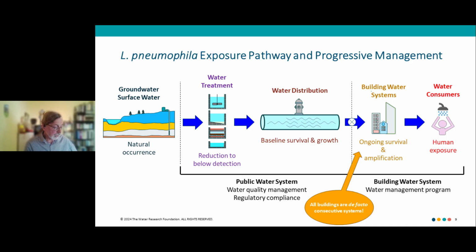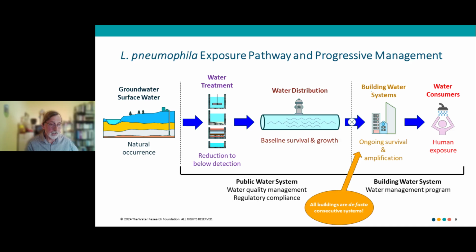The water isn't sterile. So the distribution system will periodically seed building systems, where this is the decisive part of the risk exposure pathway. In the buildings, they can survive. They can also amplify. The conditions tend to be better for amplification there, and that's where human exposure will take place.